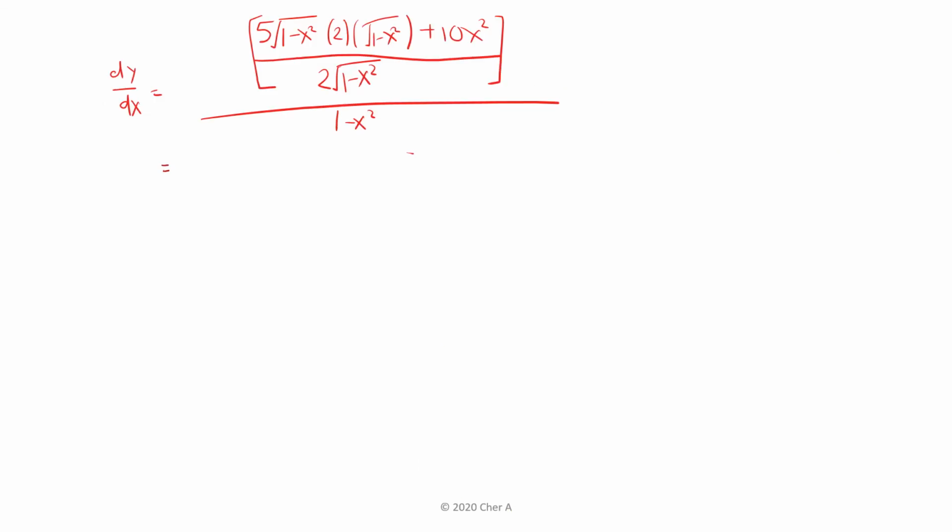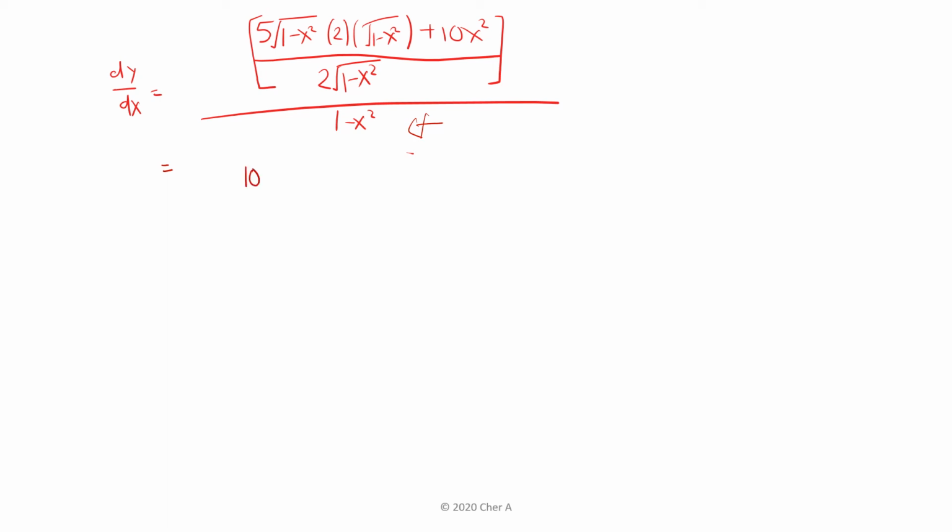Okay, I ran out of space earlier, so I just copied everything over again. Let's try to tackle this very big monster here. So let's look at this as a fraction over this function below. Looking at the big fraction, I'm going to simplify it. So 5 times 2 is 10.